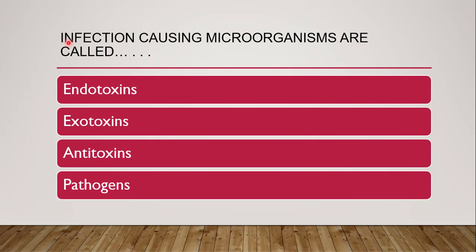Next question is, infection causing microorganisms are called, whether they are called endotoxins, exotoxins, antitoxins or pathogens. The correct answer is pathogens. Pathogens are the harmful microorganisms which cause the infection which leads to disease. So it is pathogens.